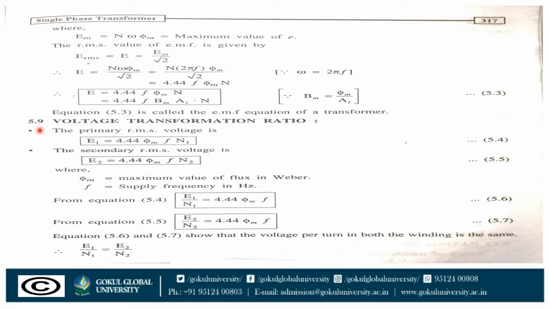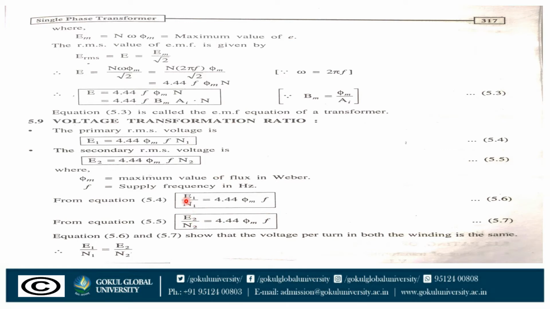Next is the voltage transformation ratio. We know that the primary RMS voltage E1 is equal to 4.44 phi m f N1, and similarly the secondary RMS voltage E2 is equal to 4.44 phi m f N2. Now take the ratio of E2 by E1, and we get the voltage transformation ratio.